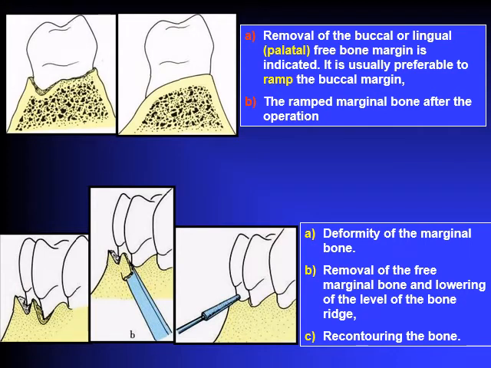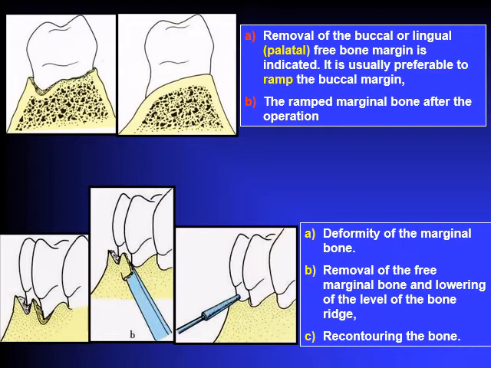In this figure also, this shows bone ramping of the crater in one direction. It is usually preferred to ramp the buccal margin, as you see.